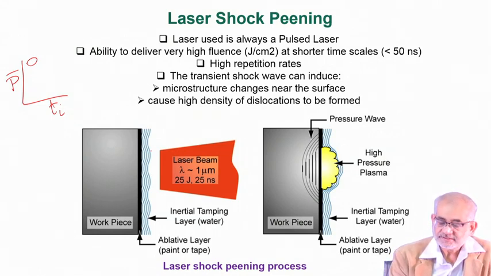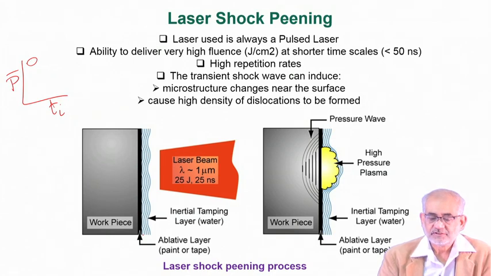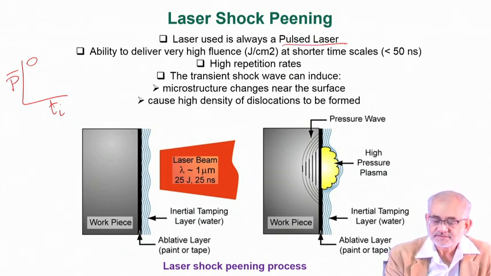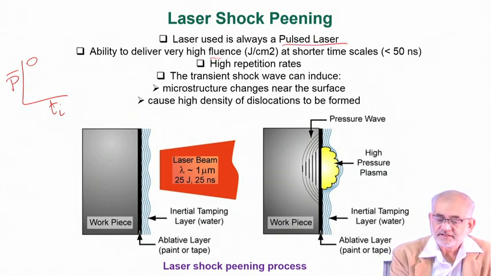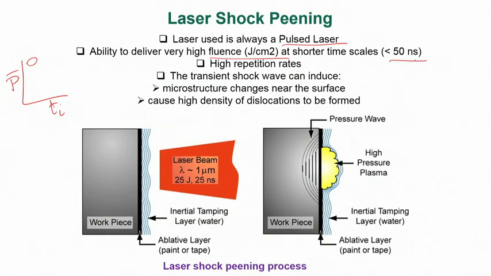In order to create that shock wave, first you cover the surface with a polymeric membrane with certain chemicals or substances which can undergo very quick vaporization. We use a pulsed laser and allow very high fluence, in terms of energy, or in terms of power, watt per centimeter square, for a very small period of time.